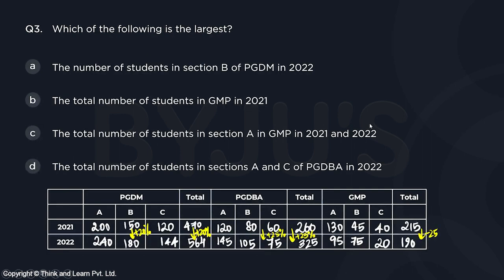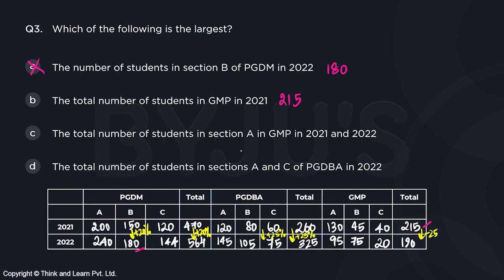Which of the following is the largest? The number of students in section B of PGDM in 2022, this is 180. Of course, we have larger numbers than 180. The total number of students in GMP in 2021, this is 215. Okay, so A is not the answer.